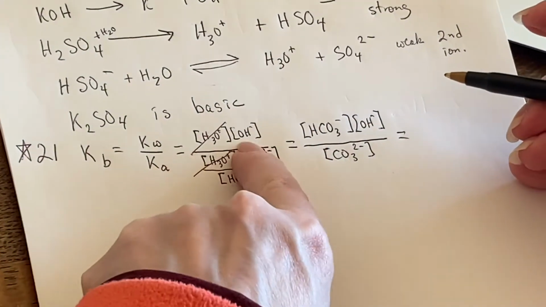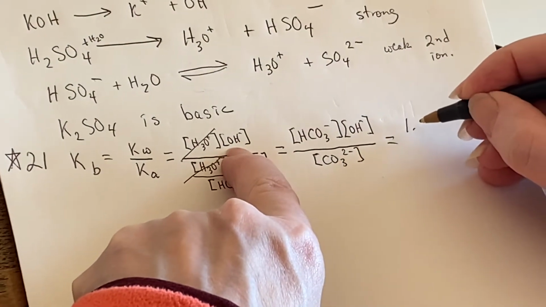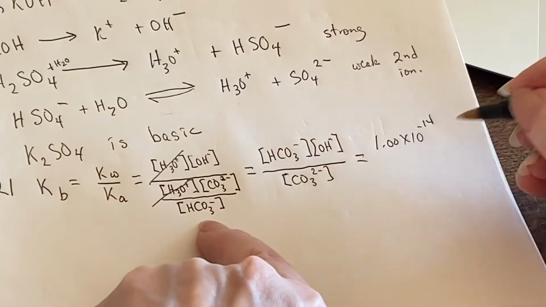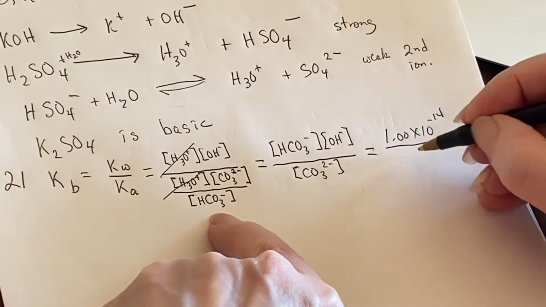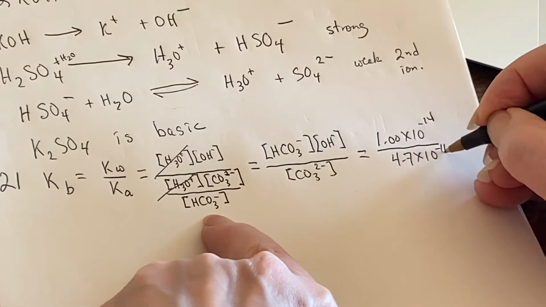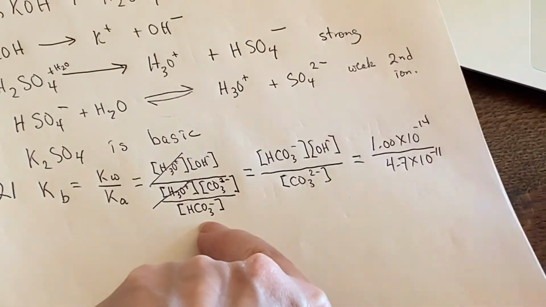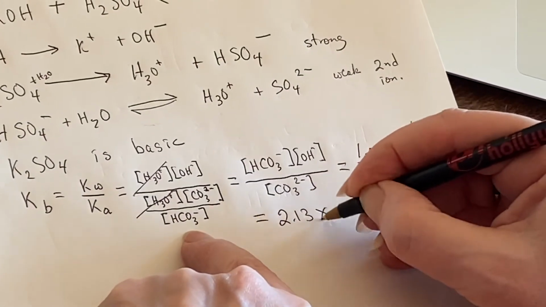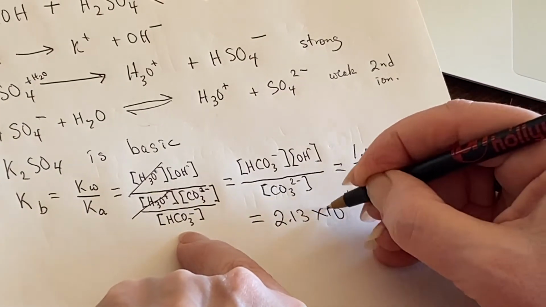We said that this should always be 1 times 10 to the negative 14. And they gave us this Ka, the 4.7 times 10 to the negative 11. So if I use my calculator on that, I'm going to get that the Kb should be 2.13 times 10 to the negative 4th.